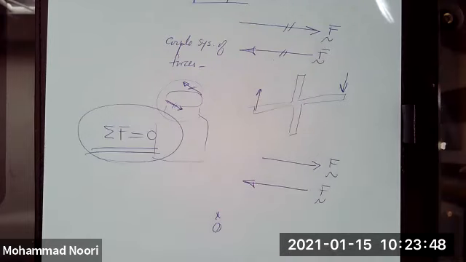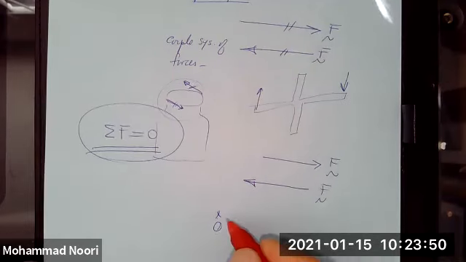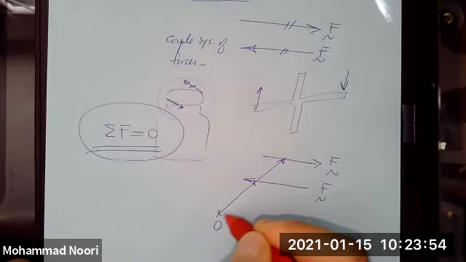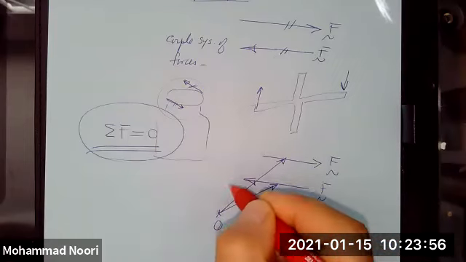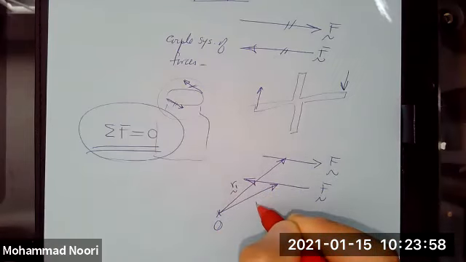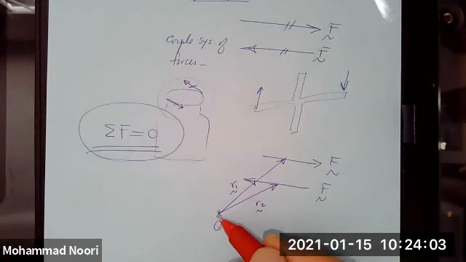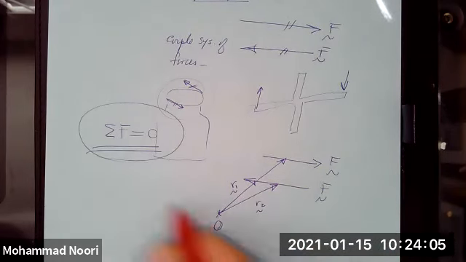So look at the rotational effect. We want to find the moment that these two forces generate about point O. In other words, what is the total moment that these two forces generate about O?